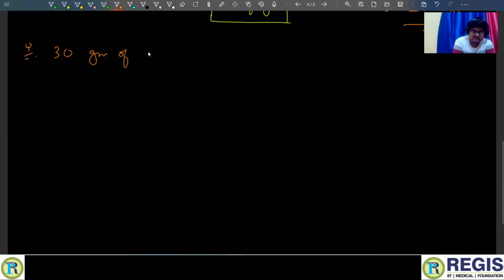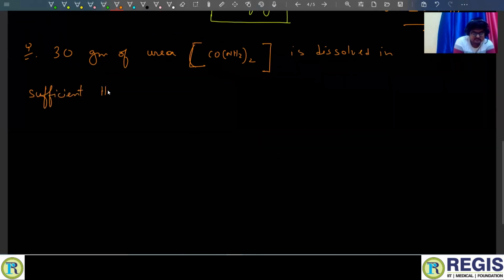30 gram of urea. What is the urea? We all know that CONH2 whole 2. This is about urea. It is dissolved in sufficient water to produce 2 liters of solution.